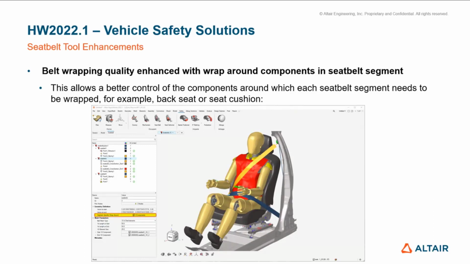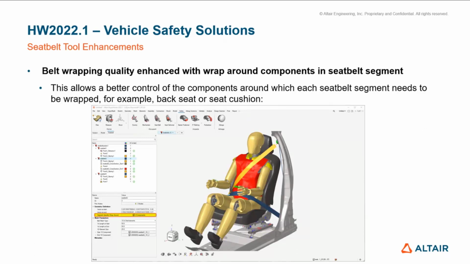Because previously we only had one selection of wraparound component, which was at the seatbelt system level, and which was applied for all the seatbelt segments. And using this approach, we ended up sometimes, in some configurations, with a bad wrapping, for example having the thorax belt wrapped around the seat cushion.